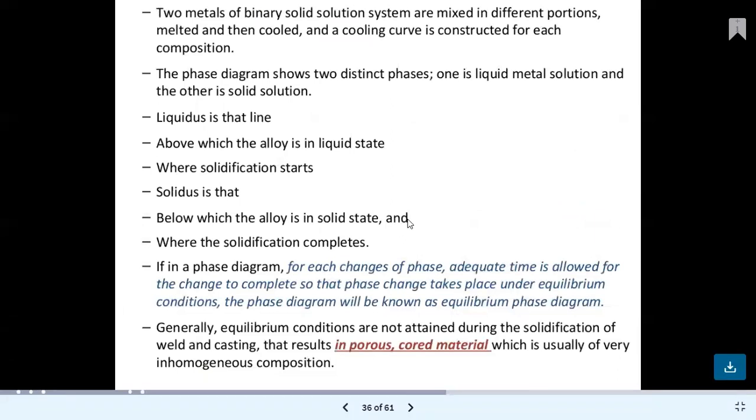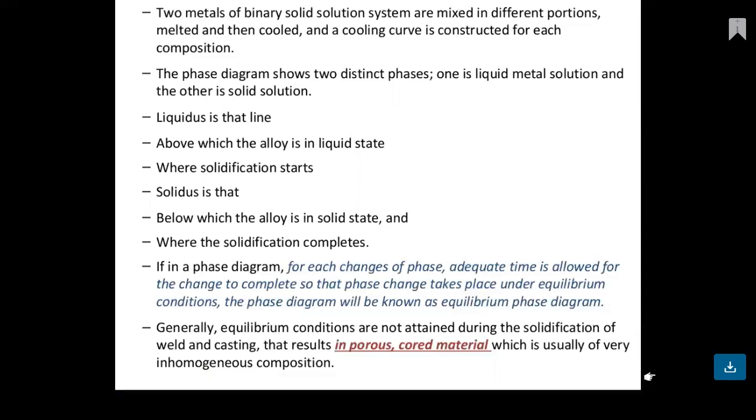If in a phase diagram, for each change of phase, adequate time is allowed for the change to complete, so that the phase change takes place under equilibrium conditions, the phase diagram is known as an equilibrium phase diagram. Generally, equilibrium conditions are not attained during the solidification of welds and castings. That results in porous, cored material, which is usually of very inhomogeneous composition.